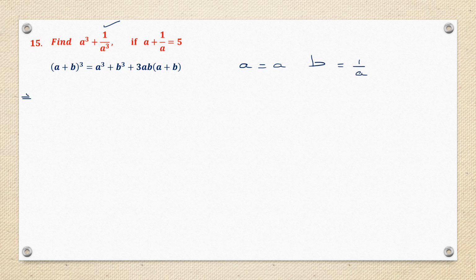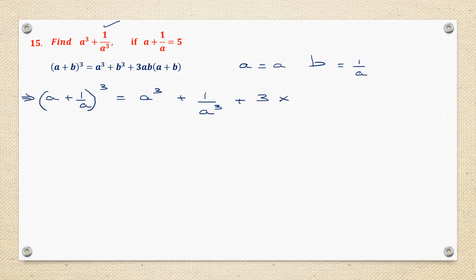Now let's open this. A plus b the whole cubed means a plus 1 by a, because b is 1 by a, the whole cube. This is equal to a cube. A is the same. B cubed is 1 by a, and cube of that. 1 cube is 1 only, so 1 by a, plus 3ab.